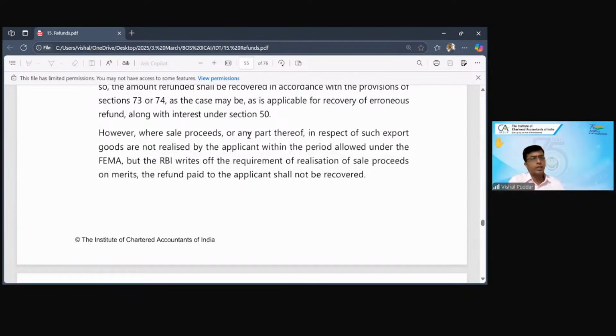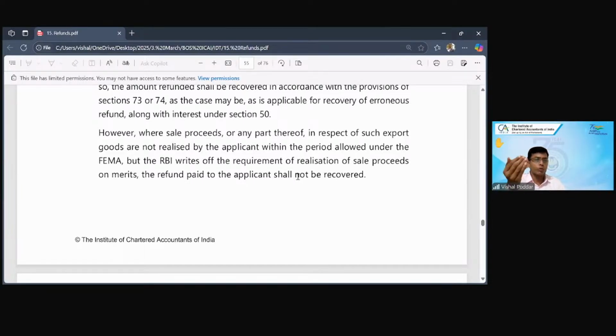However, where sale proceeds or part thereof in respect of such exports are not realized by the applicant within the period allowed under FEMA, but the RBI writes off the requirement of realization of sale proceeds on merit, the refund paid to the applicant shall not be recovered.